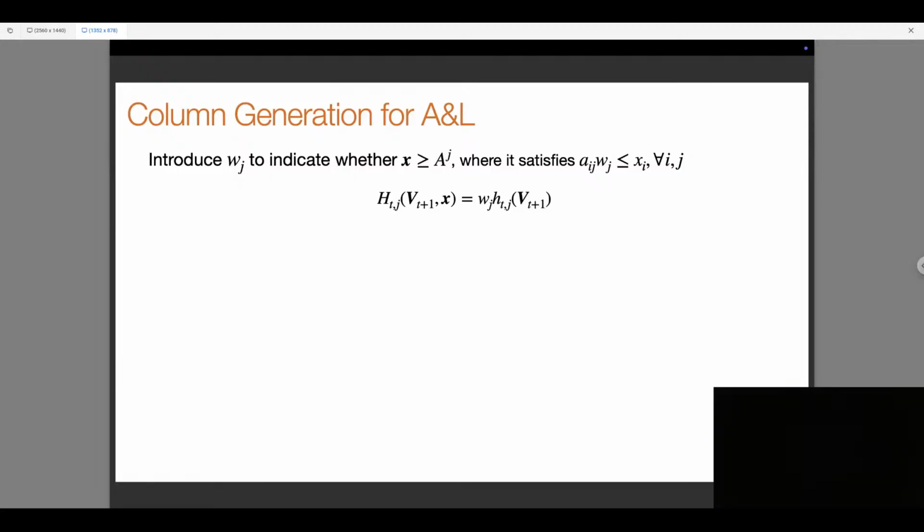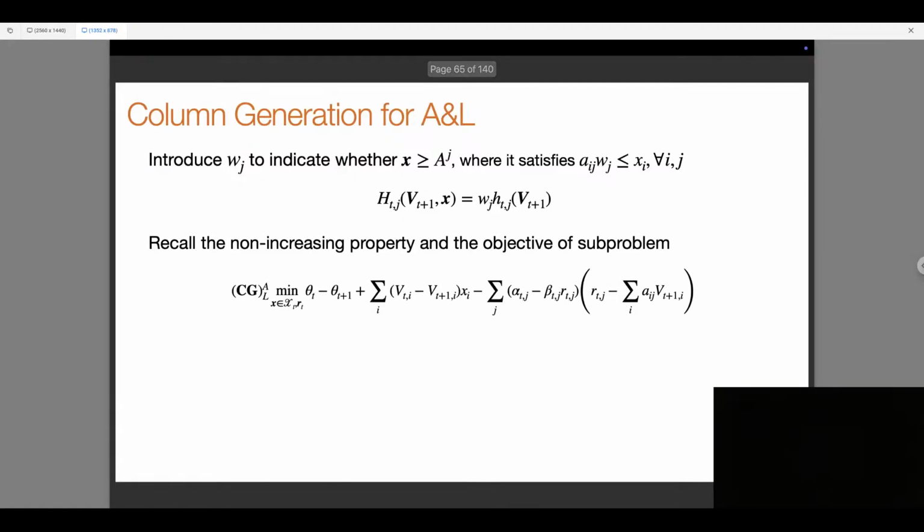So under this situation, we will have this connection between the capital H function and the h function. And we recall the non-increasing property and the objective for the subproblem. We can see that this shadowed part is greater or equal to 0.